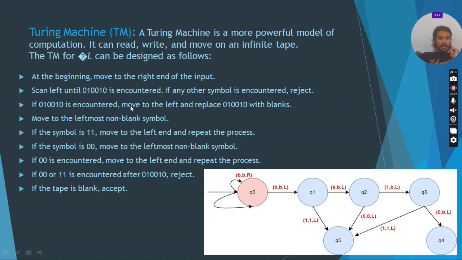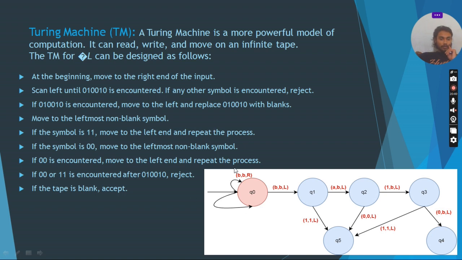If this is the situation, then move to the left. Otherwise, reject. If 100 is encountered, move to the left again and replace 01 with blank, and move to the leftmost non-blank symbol. What is the non-blank symbol? This is 1. If the system gets 1 1, move to the left and repeat the process.